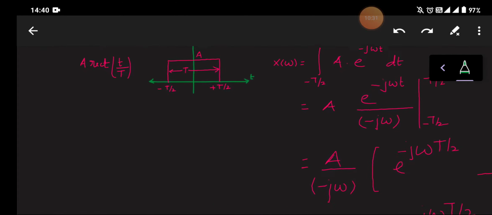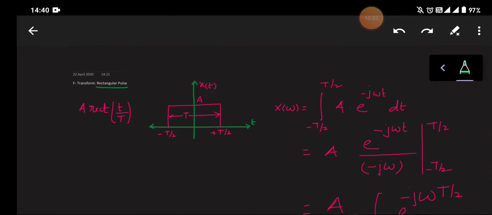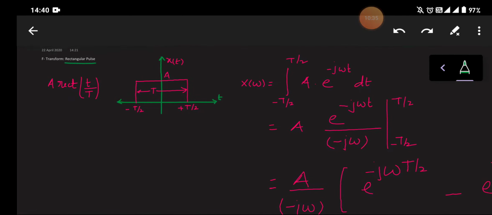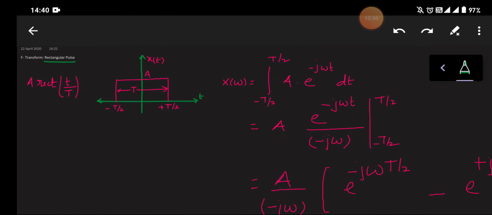The Fourier transform for this function will be equal to A multiplied by T, Sa of omega T divided by 2.